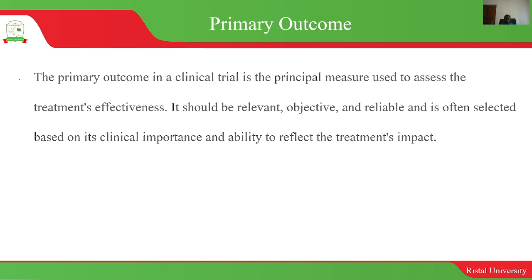The primary outcome in a clinical trial is the principal measure used to assess the treatment's effectiveness. It should be relevant, objective, and reliable, and is often selected based on its clinical importance and ability to reflect the treatment's impact. So the primary outcome is the most important and the most reliable.